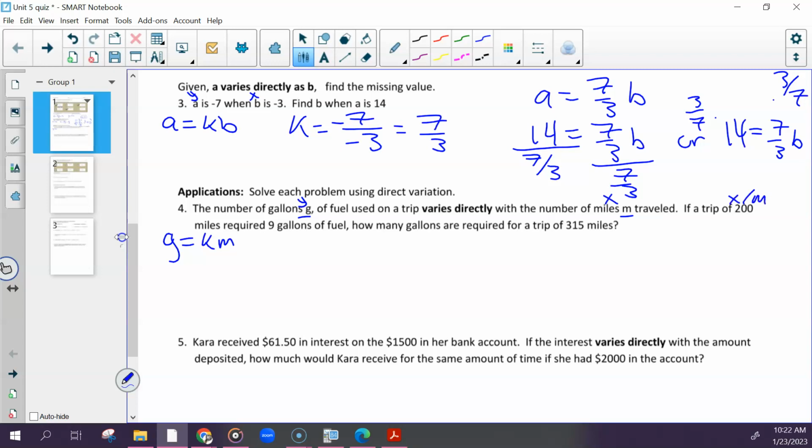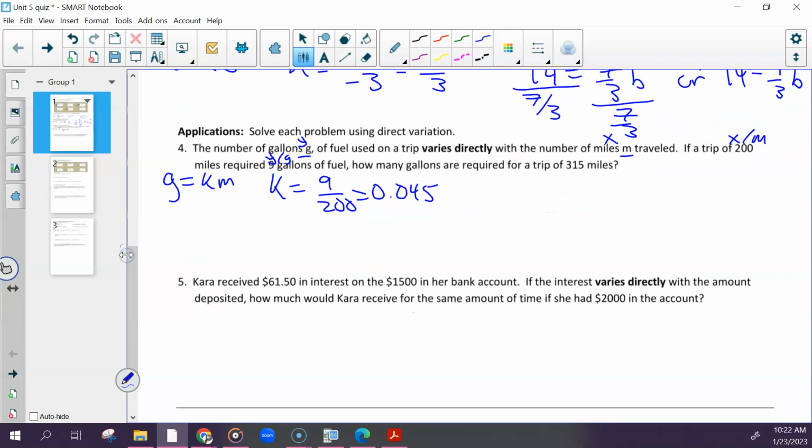The 9 gallons would be like our y or our g. Use those numbers to find k. So that should be 9 over 200. Whether you left it like that or put it as a decimal, either was fine. Some of you were missing the 0 and put 0.45 instead of 0.045, so be careful with that.